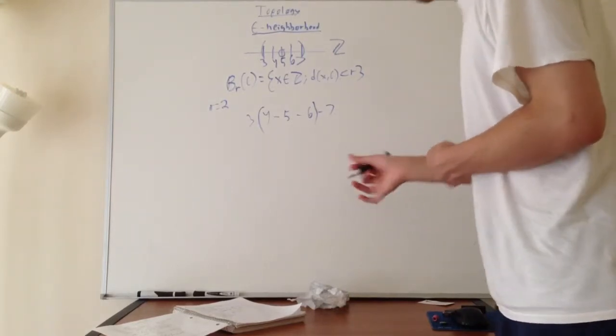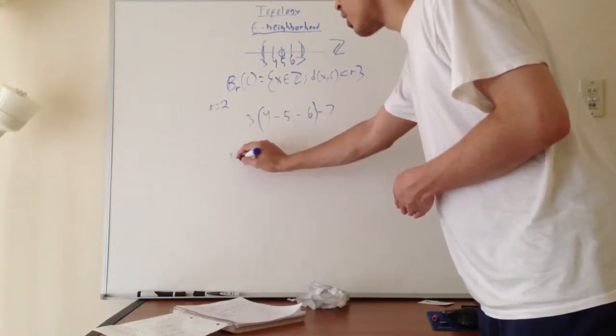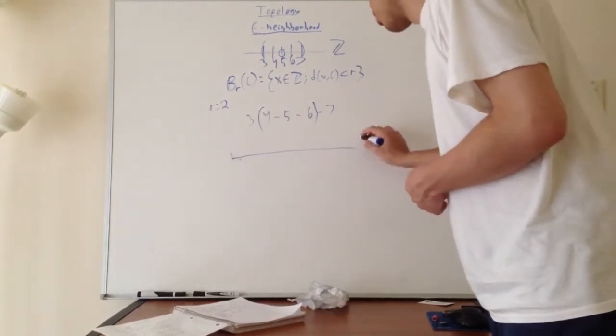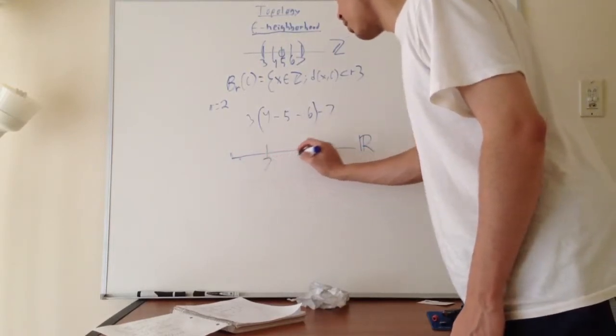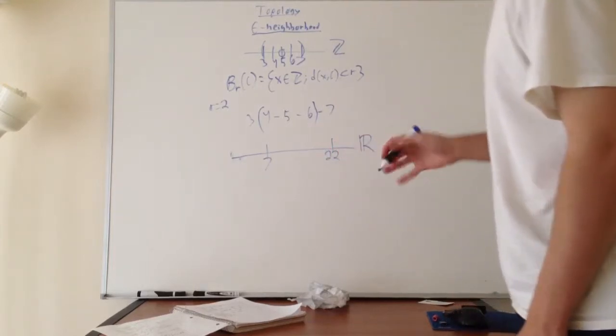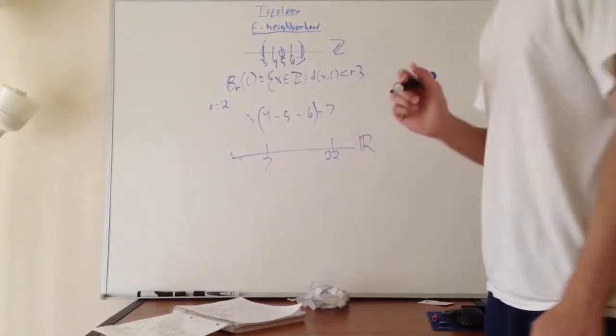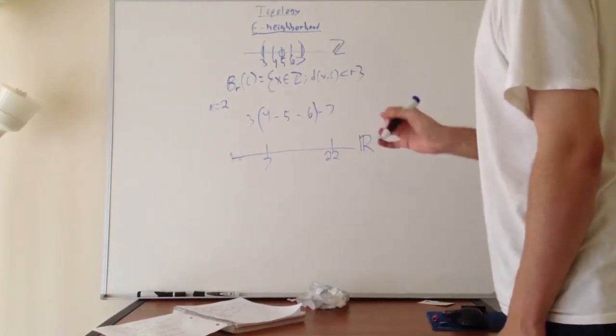Now, let's do another example. Let's suppose we did the real line this time, and let's say we took 7 all the way to 22. This time, let's not choose the Euclidean metric like we did here. Here we did the Euclidean metric. Suppose this time we took the discrete metric.